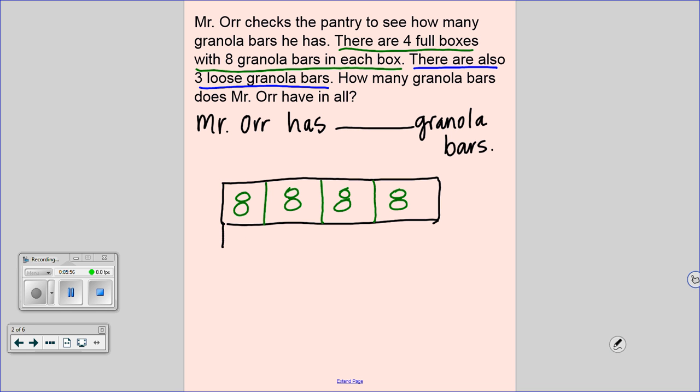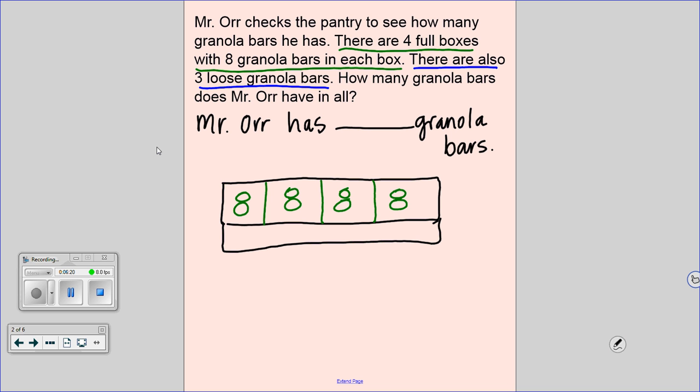I'm just going to draw another bar. Because those bars are the same length, they are the same value. So whatever my top bar is equal to, my bottom bar is also equal to.